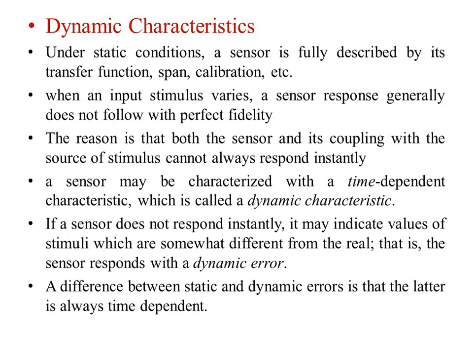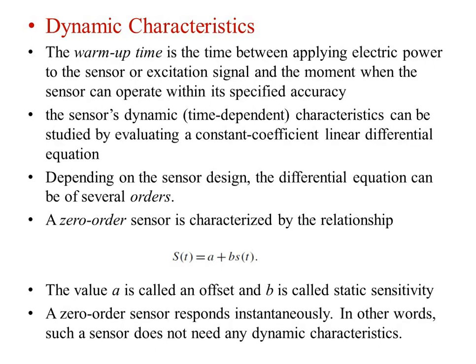The difference between static and dynamic error is that the latter, the dynamic error, is always time dependent. That's why I called it a real time response. What you are getting is time dependent, and that will give you the error of that system.